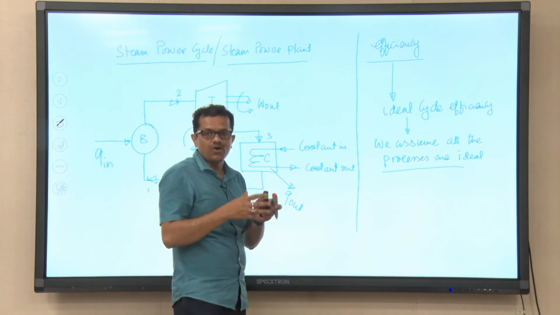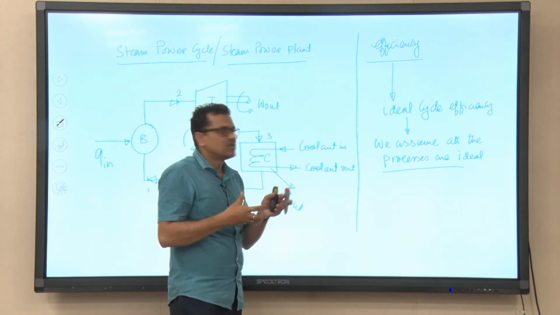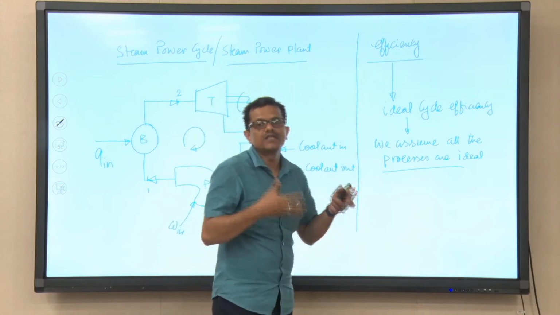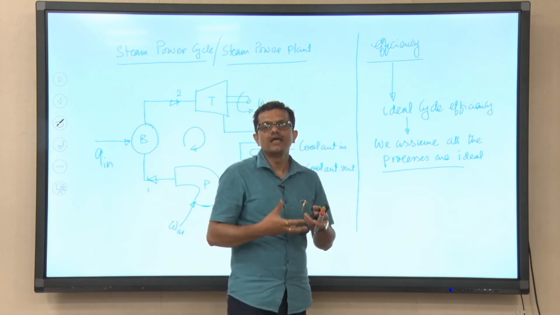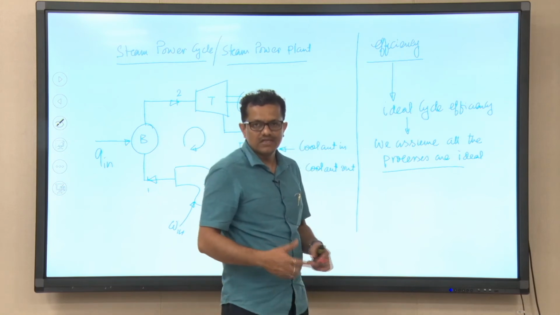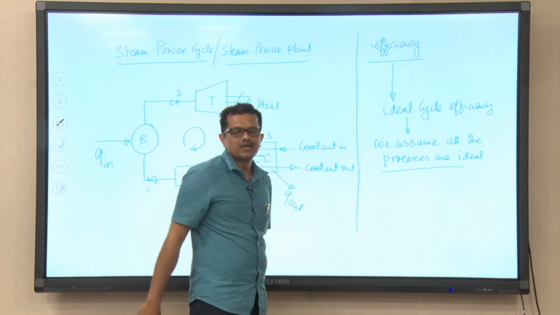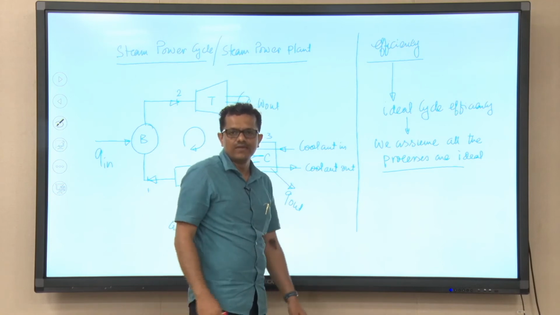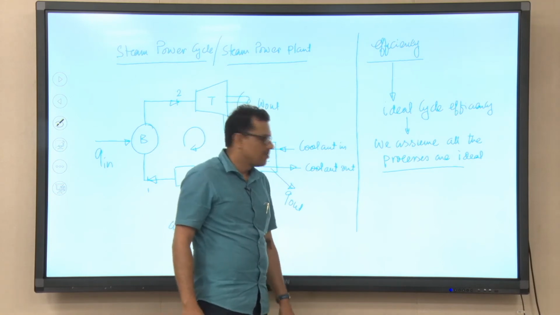If we consider all these irreversibilities, the efficiency will not be the ideal one. We will get the actual cycle efficiency, and that is what we have learned from basic thermodynamics as well as from fluid machines, that is, hydraulic turbines and pumps.